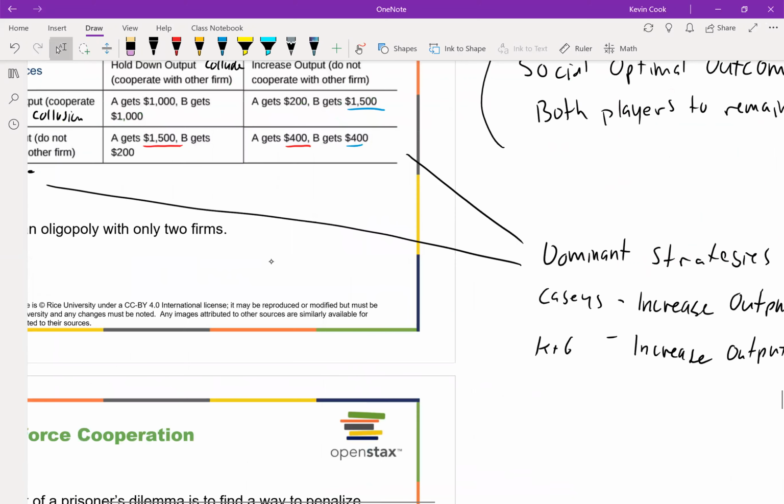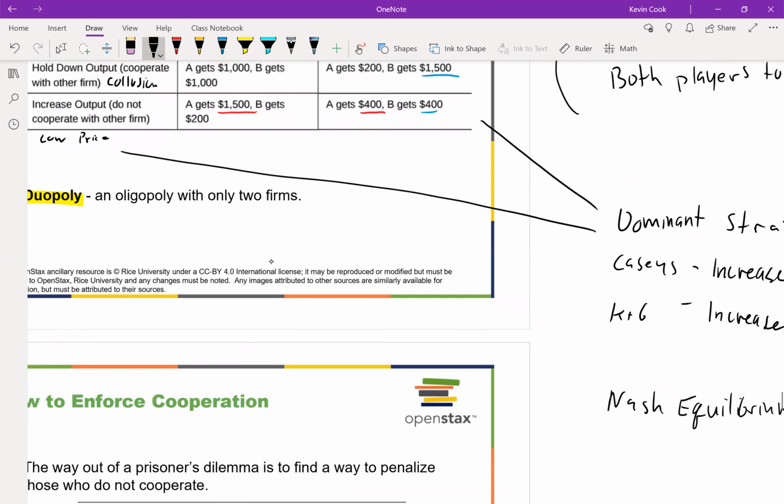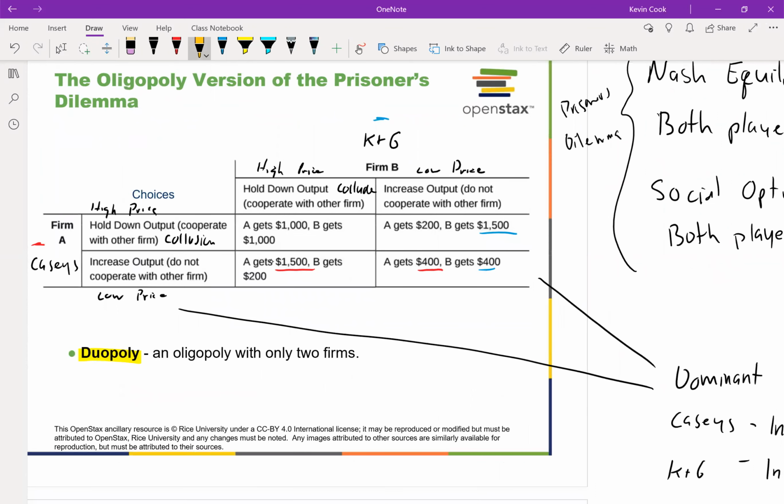So on the other side of this, we have our Nash equilibrium. In this case, we'll see it happen if, again, we analyze each point. If I'm up here in this top left-hand box, I see that Casey's can become better off by switching, so that's not a Nash. If I'm in this bottom left-hand corner, Come and Go can go from 200 to 400 by switching, so it's not going to work.